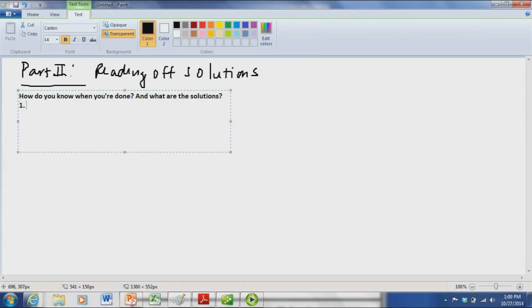Okay, first, you are done when all the values in the bottom row are positive. Okay, so that's how you know you're done.